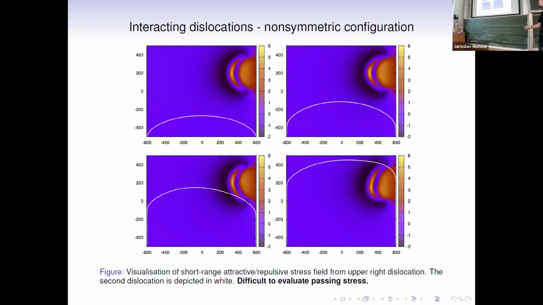Why? Because if you visualize the magnitude of the interaction stress, which is normalized, then you can see this one. Almost zero everywhere, some parts attracting, some parts repulsive, and it is basically impossible to predict anything analytically in such a geometrical setup.